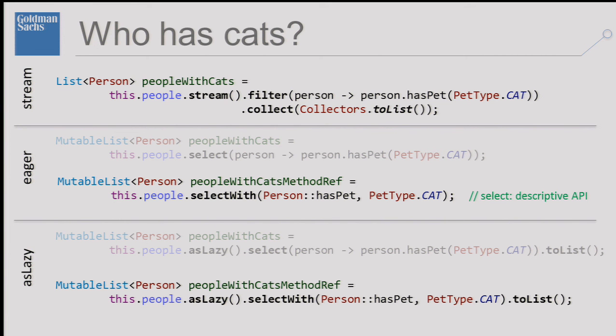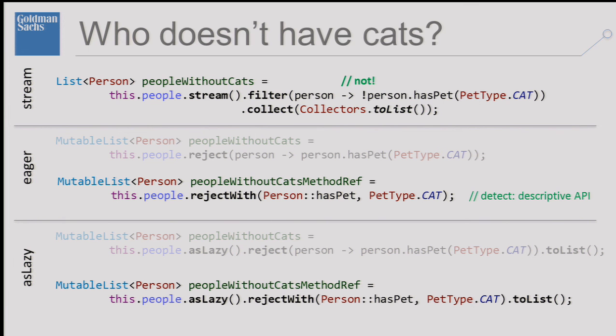Just assign it straight to a list, and the API is slightly more fluent because you don't need to go off and look at the collectors API to see what kind of collectors are available in the library. And again, lazy is just the same with asLazy.